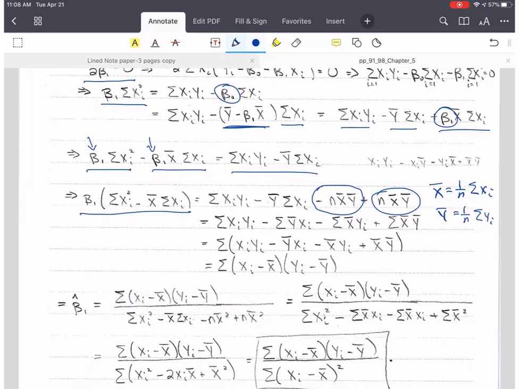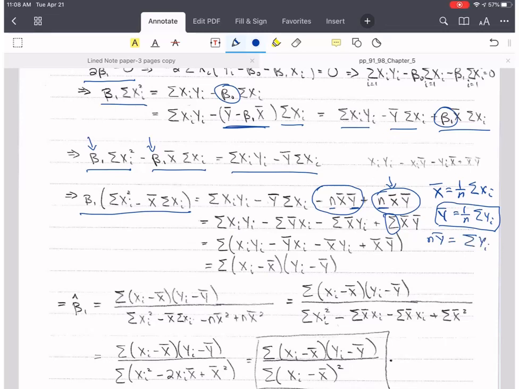So what I did is I've left this one, and since there are no i's in this quantity, I've just changed it to a sum from i equals 1 to n, so the n times there. I've done it in reverse. And then for this one, I multiplied the n times the y bar. So if I multiply n times y bar, I get the sum of yi.